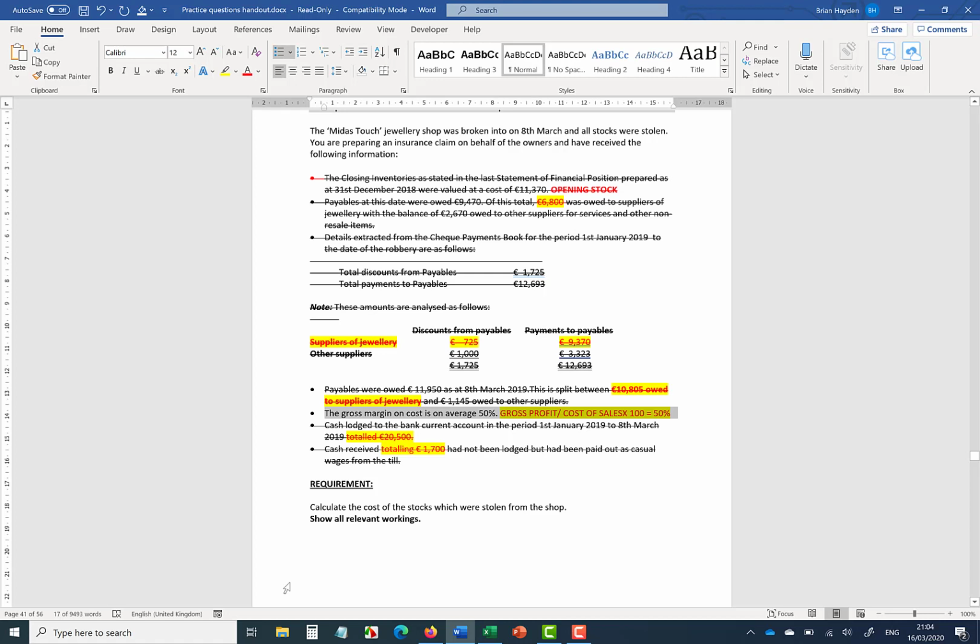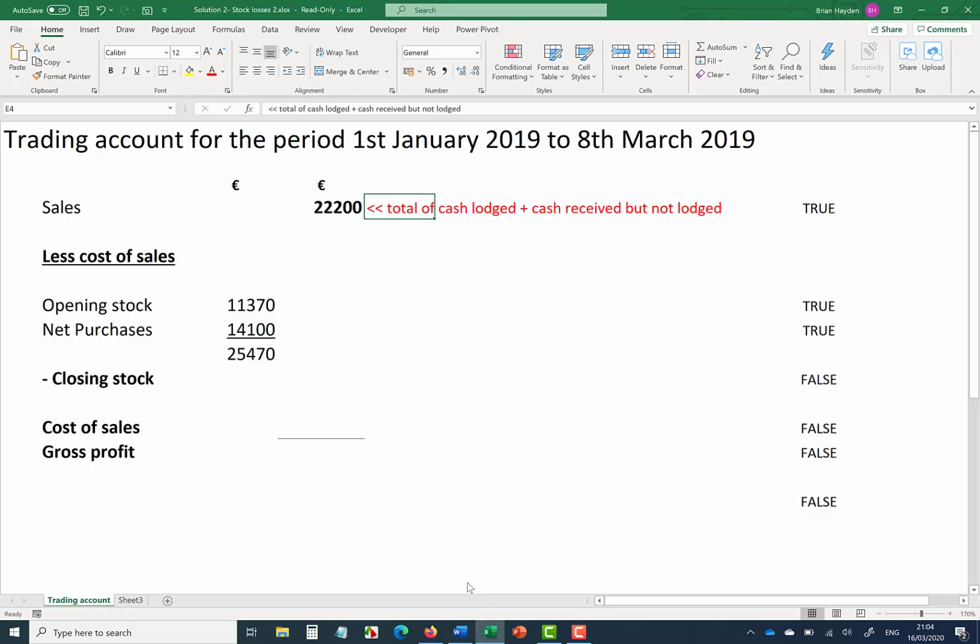Gross margin on cost is on average 50%. So gross profit value divided by cost of sales value, all multiplied by 100, is equal to 50%, or 50 over 100. So this amount divided by that amount is equal to 50 over 100, or 1/2.